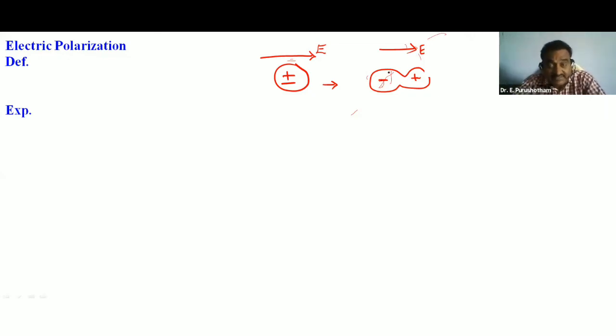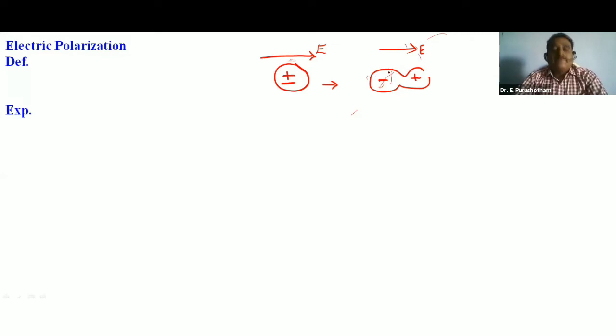In this process we get electric dipoles. The process of producing electric dipoles which are oriented along the field direction is called electric polarization.